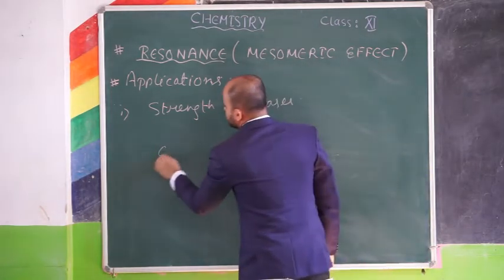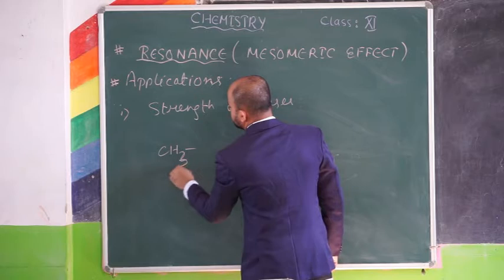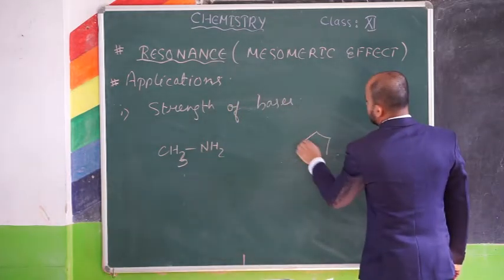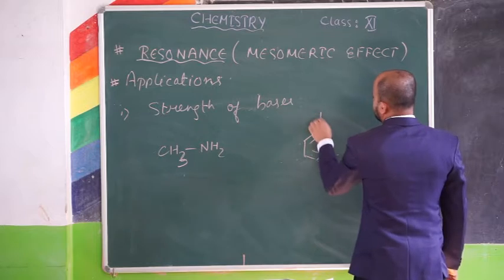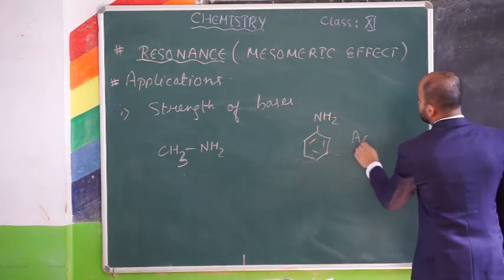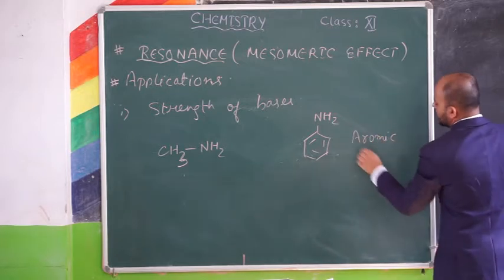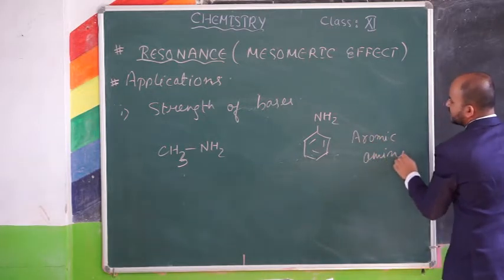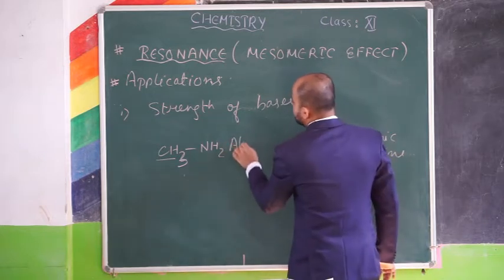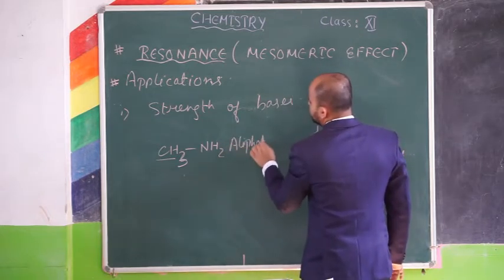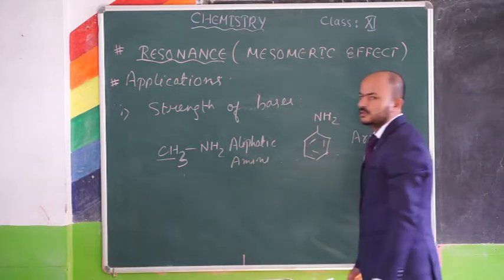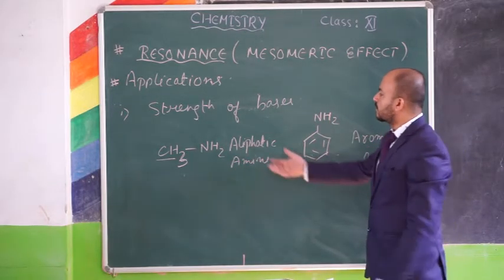Now let's compare CH3NH2 and NH2 on a benzene ring. This is aniline, an aromatic amine, since it has the aromatic ring. And since this one has a carbon chain with no ring, we call it an aliphatic amine. Out of these two, which one will have more basic strength?